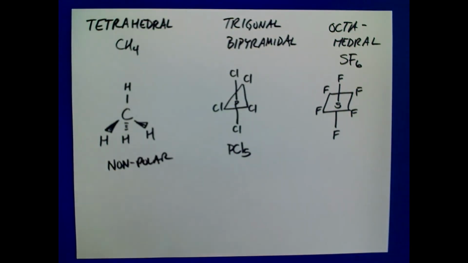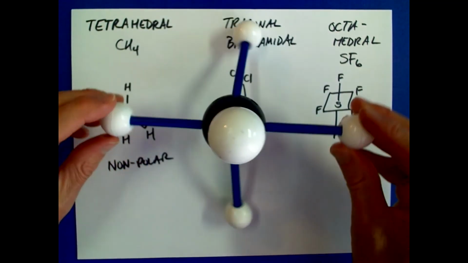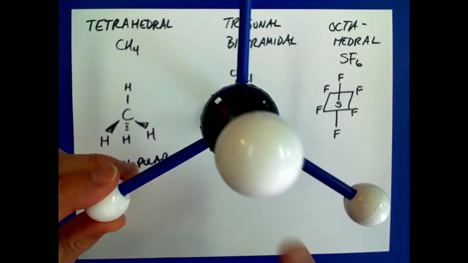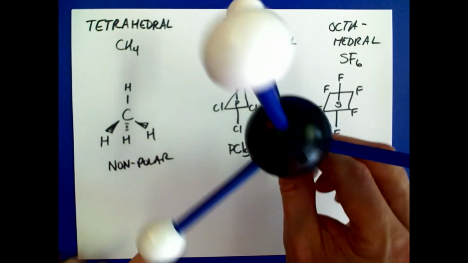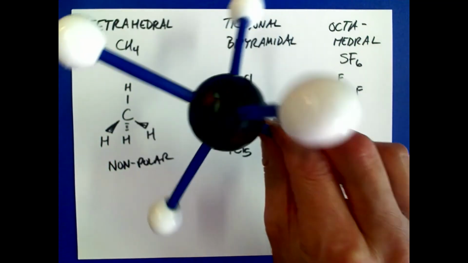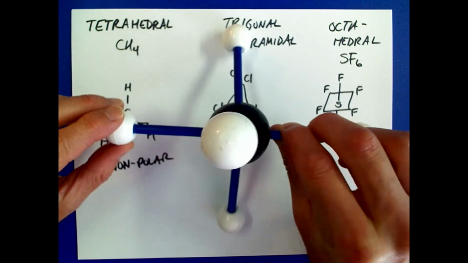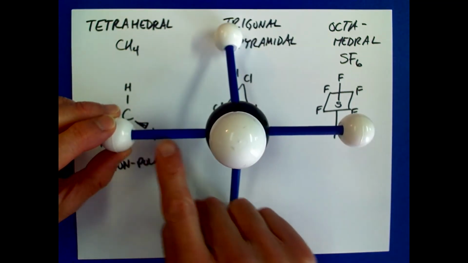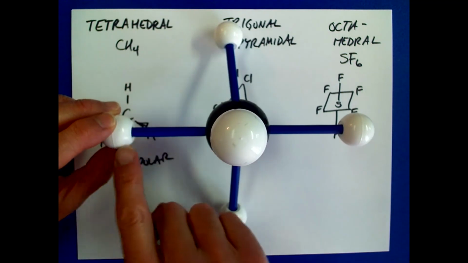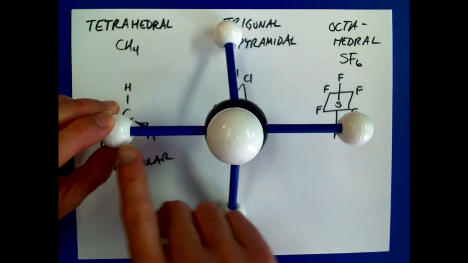In the trigonal bipyramidal arrangement, once again, so long as all positions are occupied by the same atom, such as we see in phosphorus pentachloride, what we're going to do here is look at the axial positions. Those axial positions actually end up pointing in equal and opposite directions.